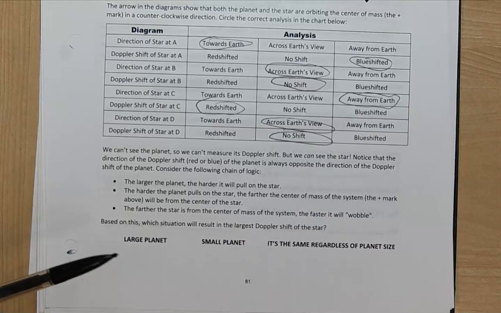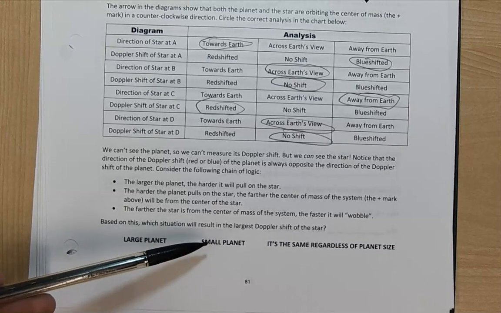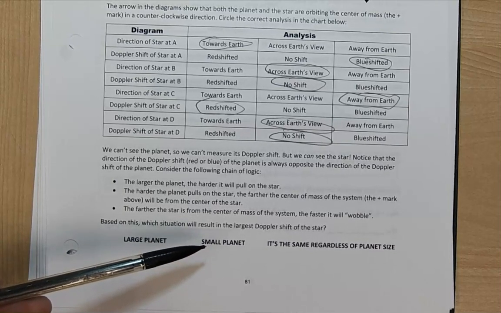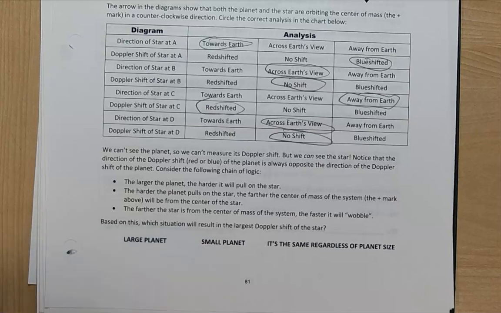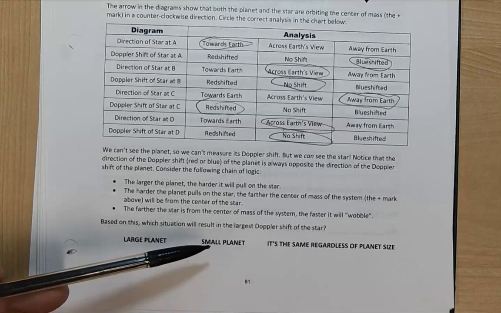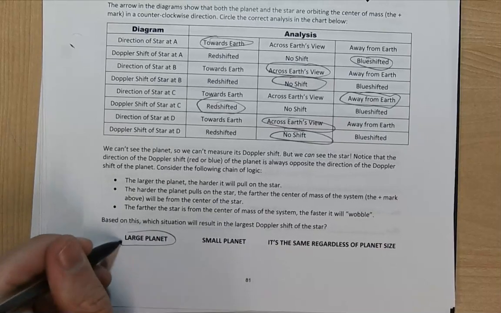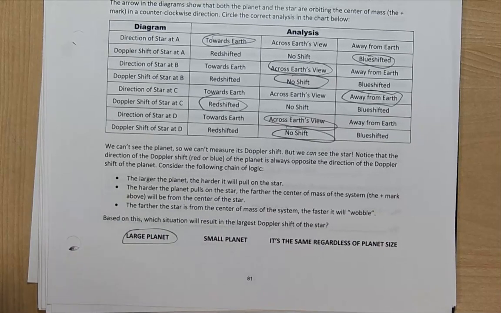Now, typically, a higher mass planet is bigger, a lower mass planet is smaller. There are no examples in our solar system that violate that trend. A bigger planet is bigger because it's higher mass. A smaller planet is smaller because it's lower mass. So a bigger planet is going to have higher mass.